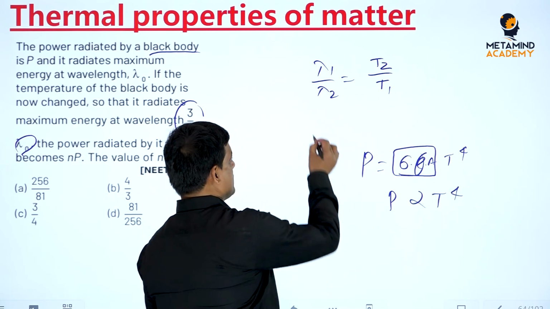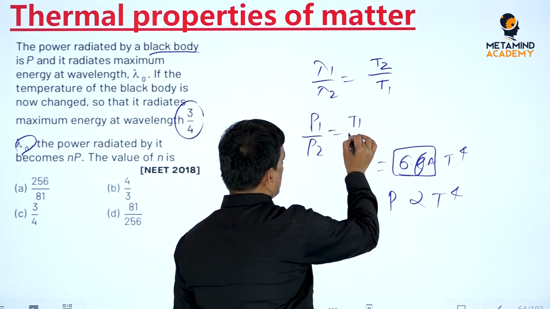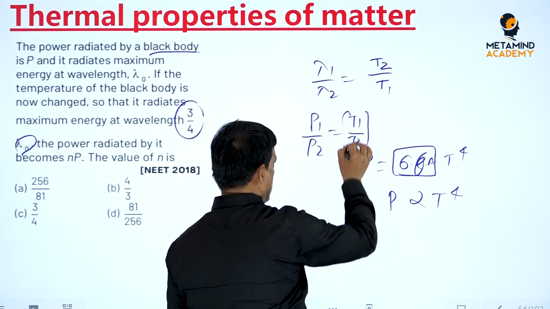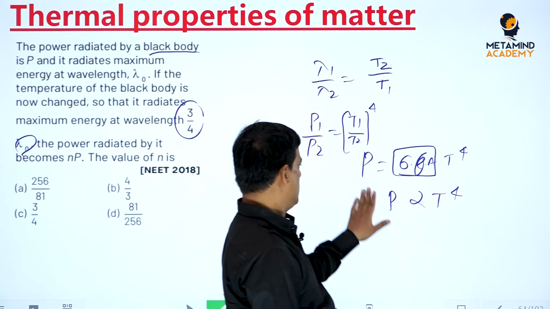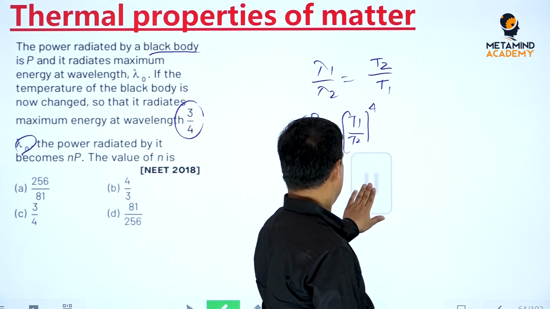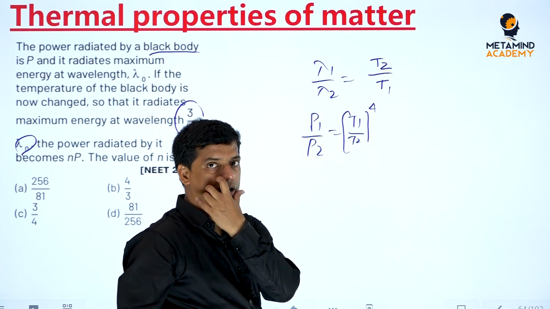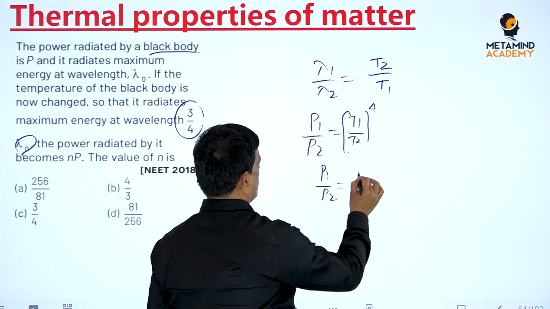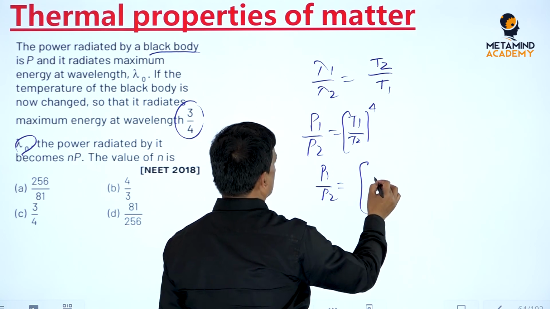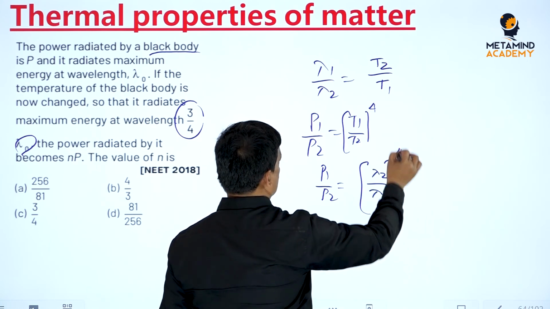Okay. So here you can say P1 by P2 is (T1 by T2) raised to 4. Right? As per the Stephen's law. Correct, no? Now T1 by T2 you can put from here. Right or wrong? So we can say P1 by P2 is equal to (lambda 2 by lambda 1) raised to 4 from this.